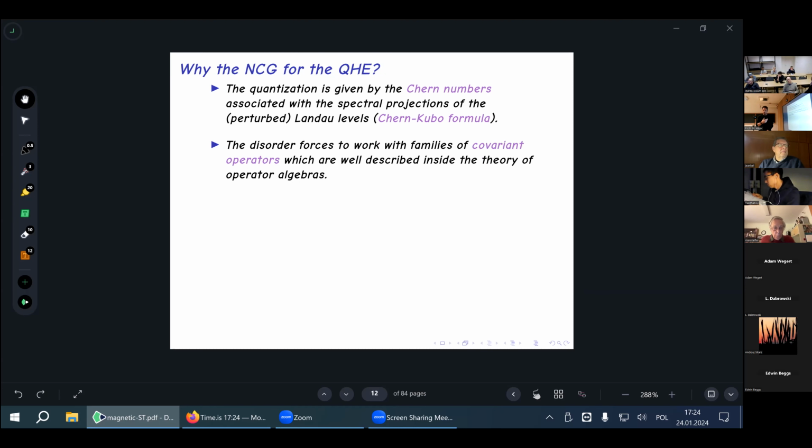But for what I just tried to explain and convince you of, if you also want to explain the plateau, we need to include disorder, randomness. This is done in the mathematical formulation by switching from one operator to a family of covariant operators, which are indexed by different configurations of the disorder, of the potential.